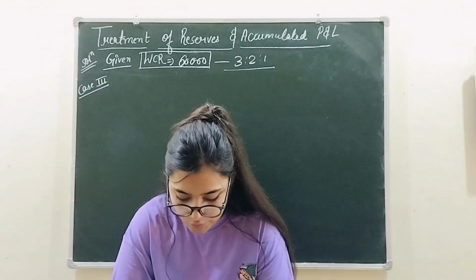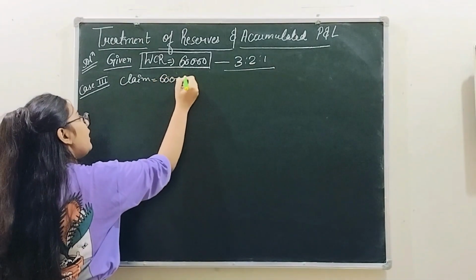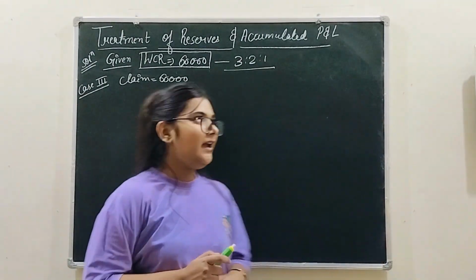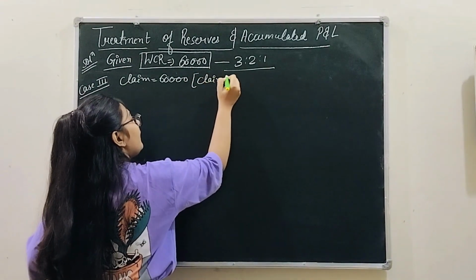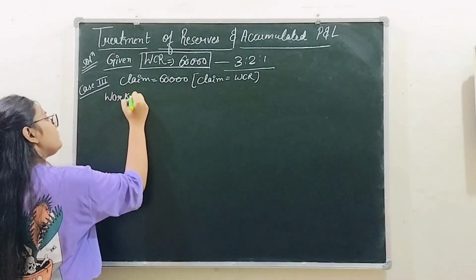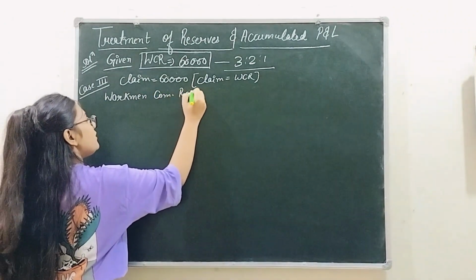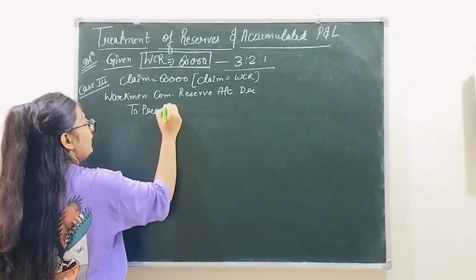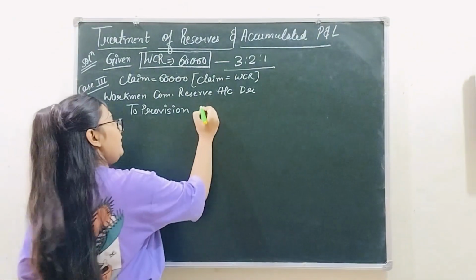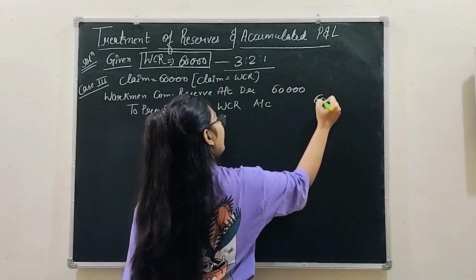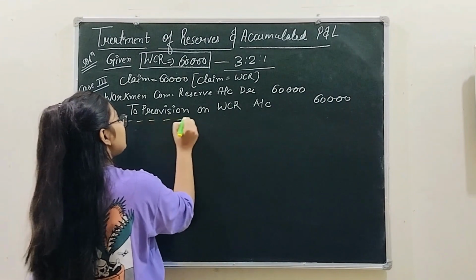Your claim on account of workmen compensation is estimated at 60,000. Your claim is 60,000. Now let me ask you, out of the 4 conditions we have studied, which condition is this? You got it right. This is your third condition, when your claim is equal to your workman compensation reserve. Now what will you do here? First you will write workman compensation reserve account debit. All the money you will use for the claim, and for that we use to provision on workman compensation reserve. Use 60,000 and 60,000. Write the small narration.